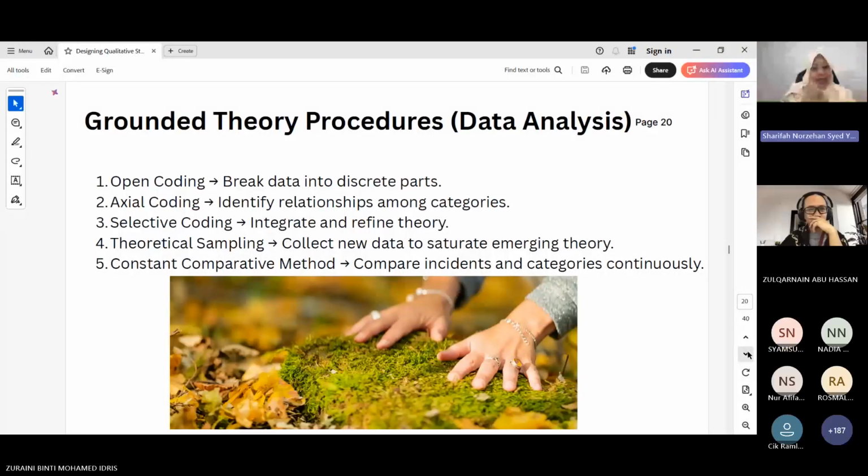All right. Okay. So basically, I think you can relate it in the context of this particular grounded theory procedures. For you to be able to break the data into the discrete parts and understand them takes time, right?